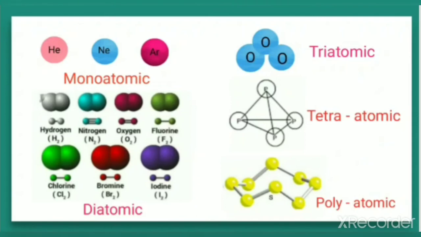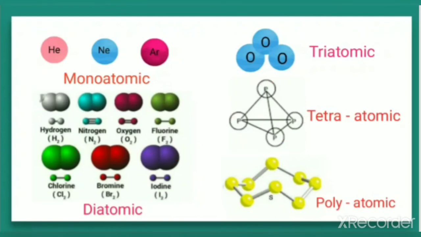So these all are molecules, and when you compare them, all these molecules are made up of atoms of the same element. In the case of a diatomic molecule, you can find that both the atoms of fluorine are the same, that is fluorine atoms are combining. So all are made up of atoms of the same element.